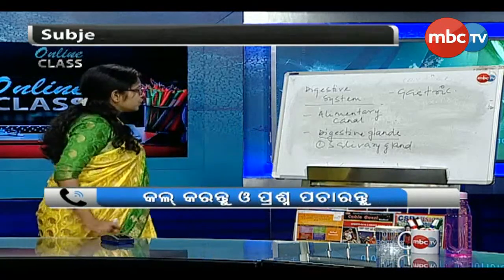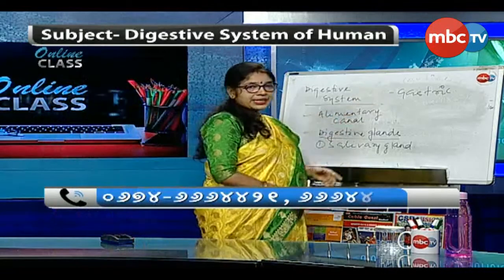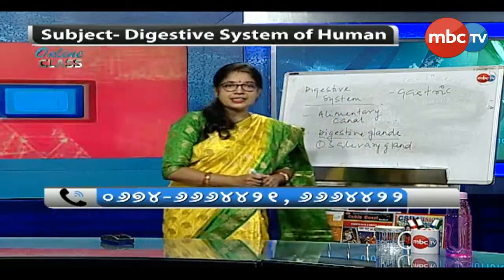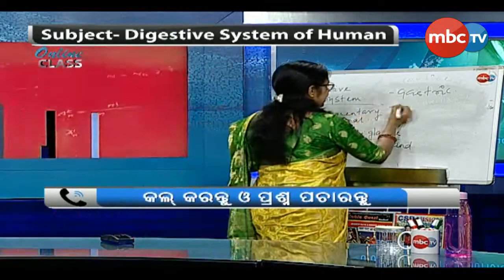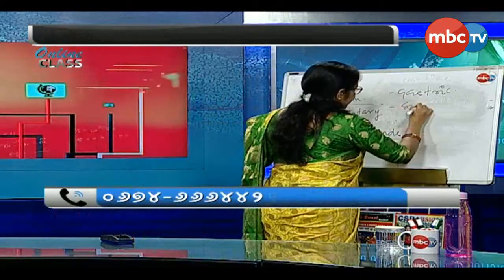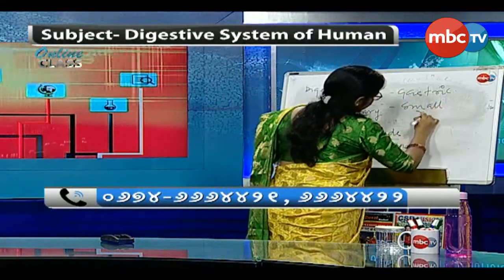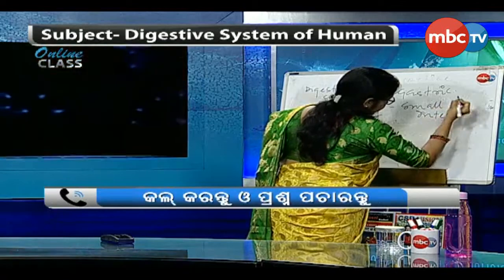Okay. So, this is about the gastric gland present in the stomach. Then the third one is the small intestine.